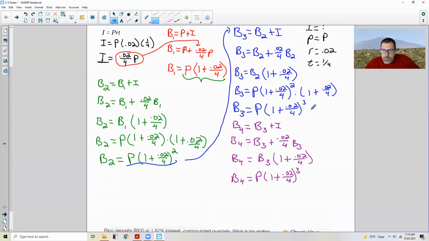So now this is my B sub 3, which I'm substituting in for this B sub 3, and it's going to be times that 1 plus 0.02 over 4. And now when I simplify that, I get B sub 4 equals P times 1 plus 0.02 over 4. And the powers, you add them and you get to the fourth power.